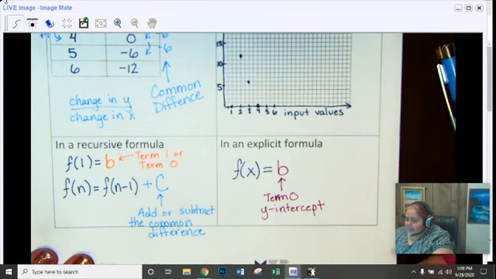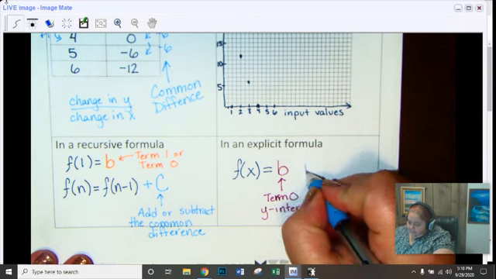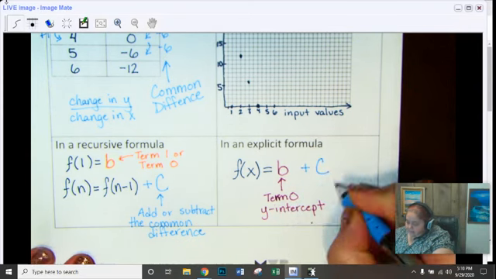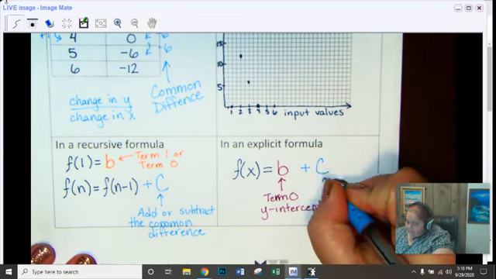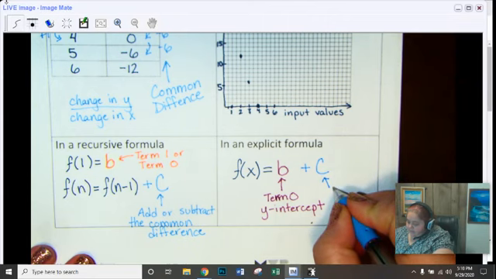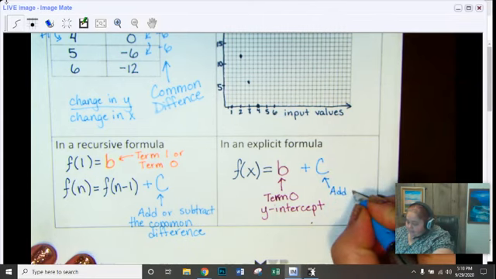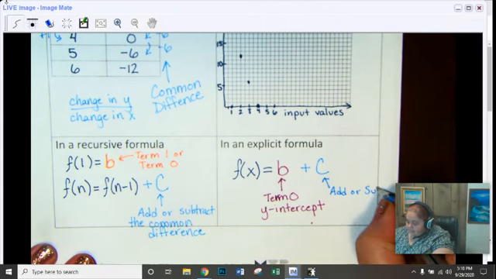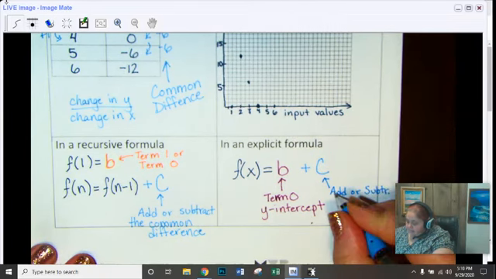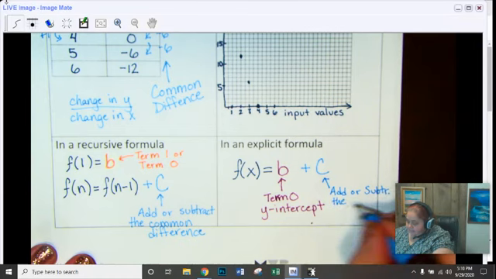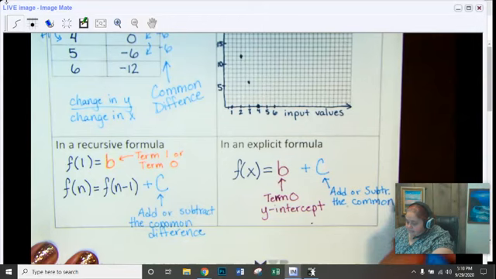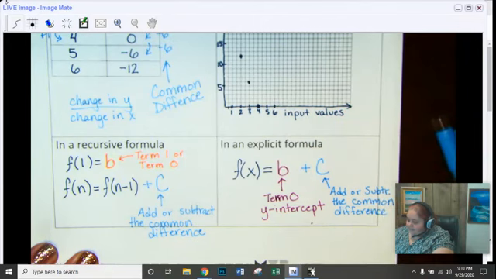Then we add or subtract the common difference, x times.